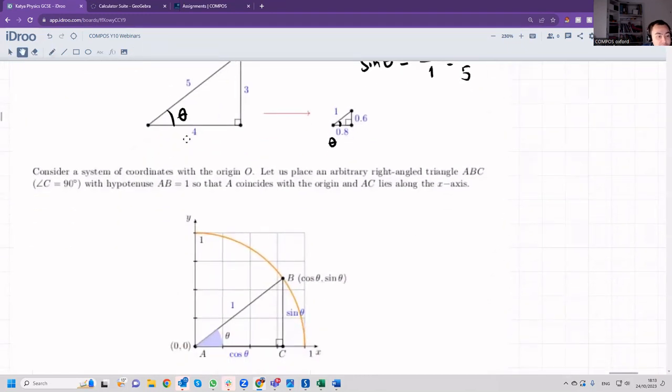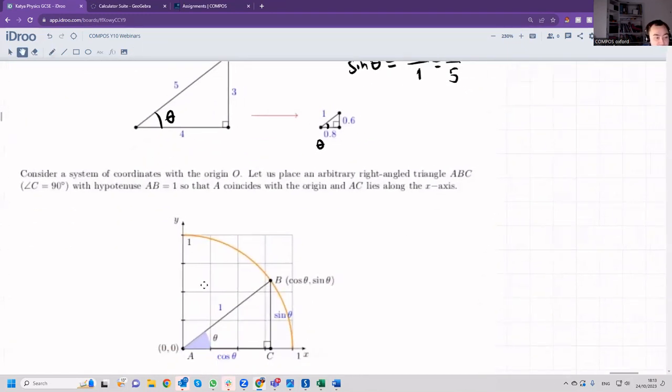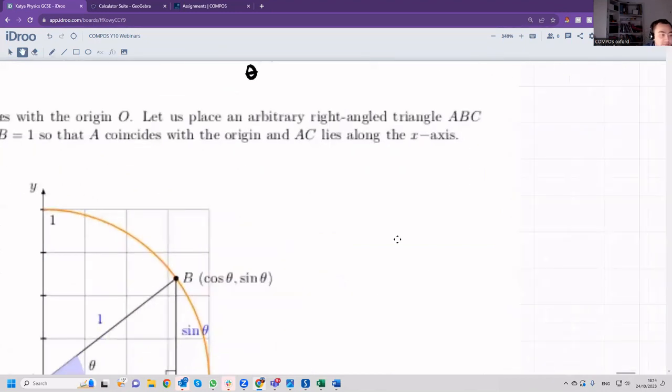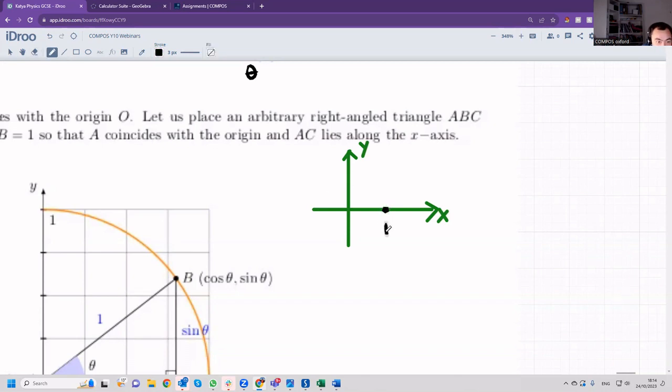Okay, now we draw a quarter of a circle on the coordinate axes. So basically, we have the x-axis and the y-axis, and we find the point 1, and we draw a circle like that.